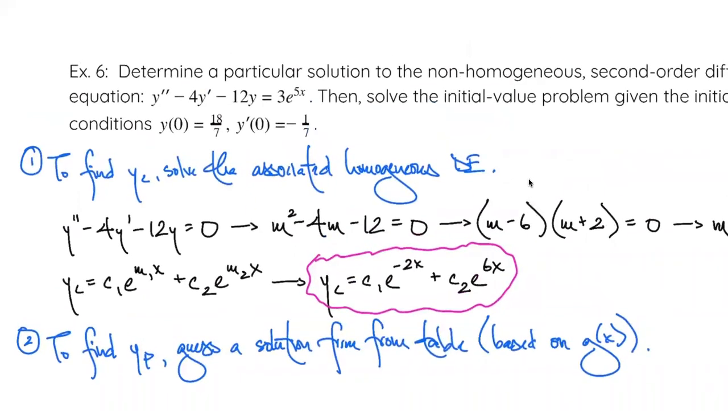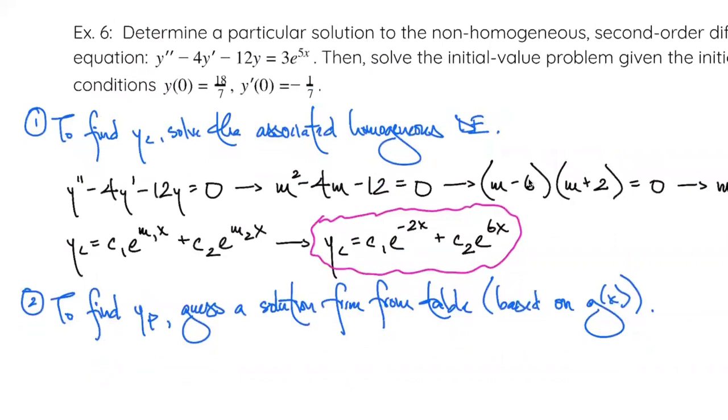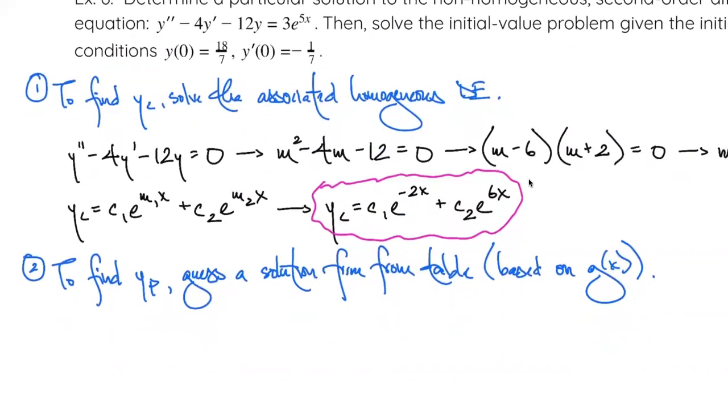If we look here, we have 3e to the 5x. So what is a good guess for a general form for that right-hand side? Go back to that table. What's a good guess if we have e to the 5x as our non-homogeneous g of x?